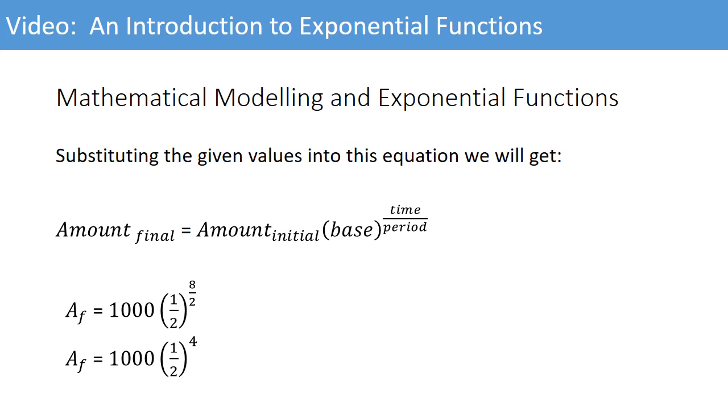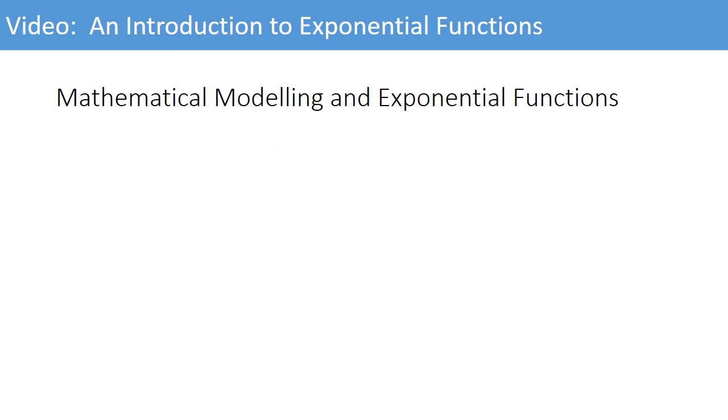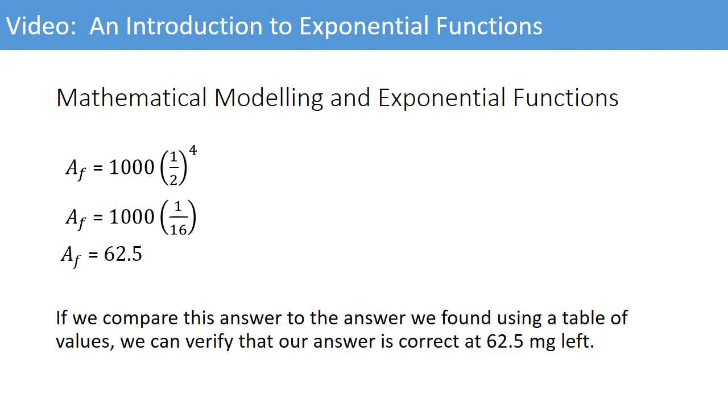If we calculate this, we get a final amount of 62.5. If we compare this answer to the answer we found using the table of values, since they are the same, we can verify that our equation is correct.